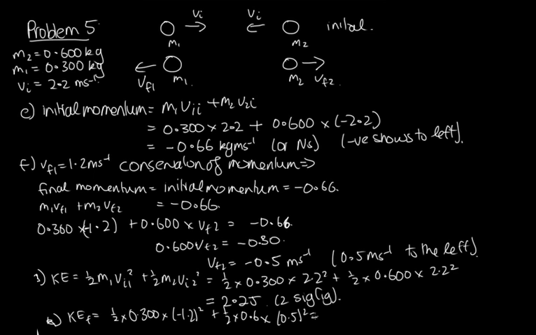This is equal to 0.291. So it's lost kinetic energy, which tells us that it's an inelastic collision. In order to be perfectly inelastic, they would need to stick together, and they don't stick together. So we can see this isn't actually going in this direction, it's going in this direction after this second collision.